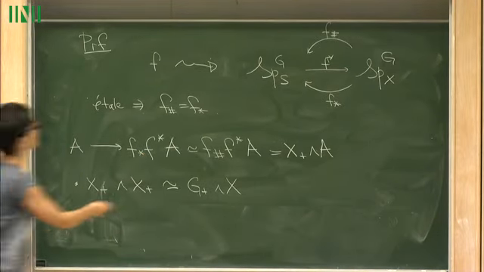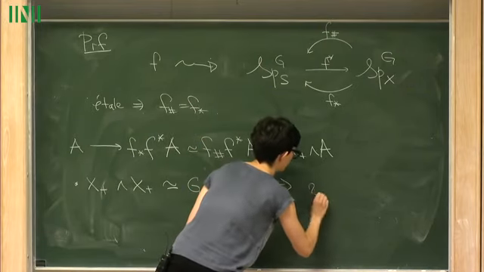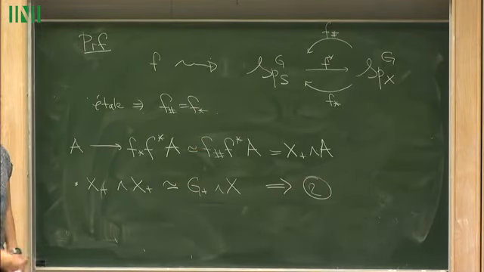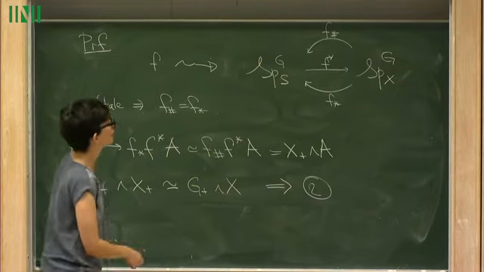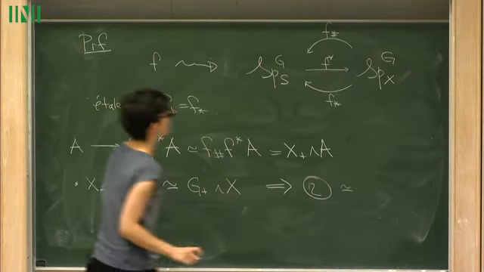So this implies the second map in the Galois condition is an equivalence.